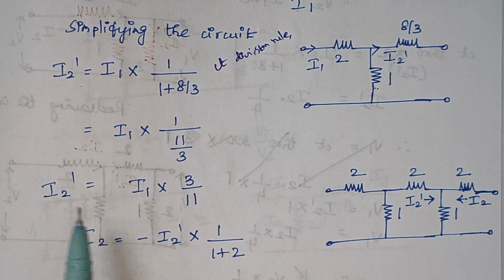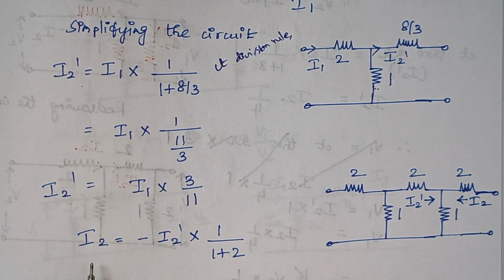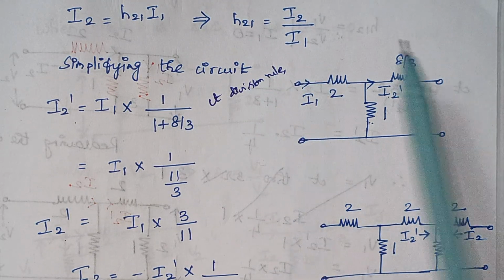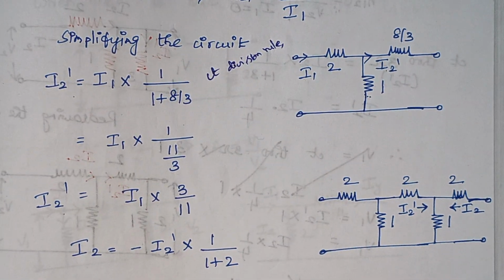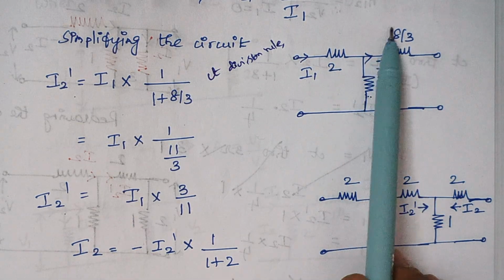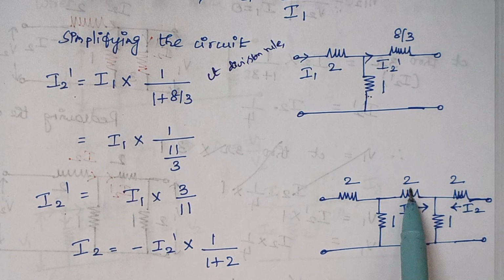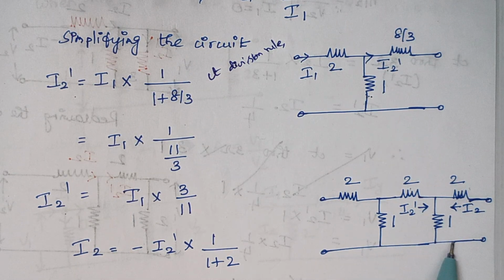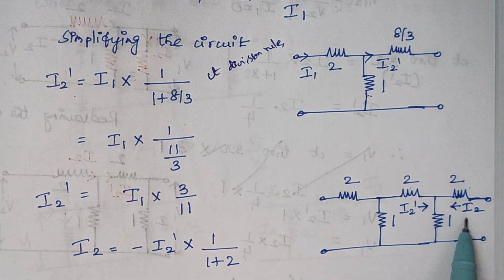Now from this I2 dash we are going to find I2, because we need the ratio of I2 by I1. So again I am drawing the original circuit here. This is I2 dash, and I am replacing this 8 by 3 with its equivalent resistors 2, 1, 2. That is the original circuit. Now this is the current I2.